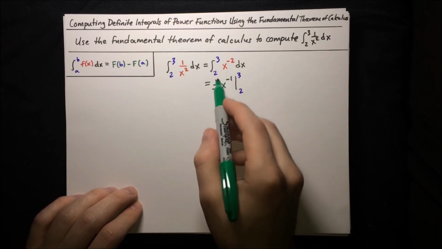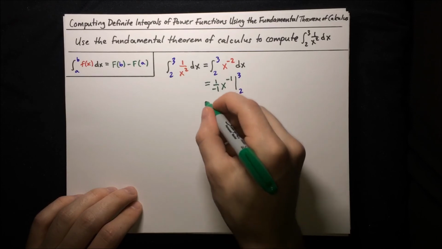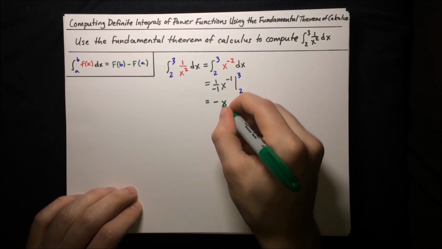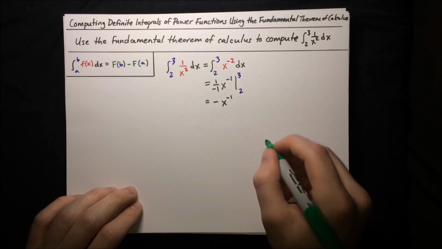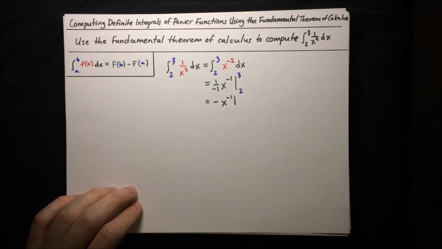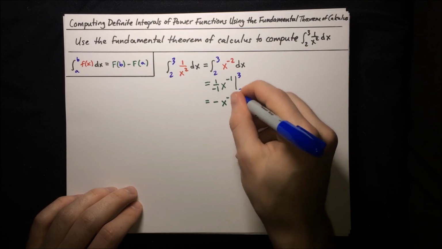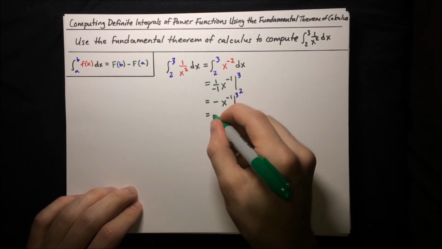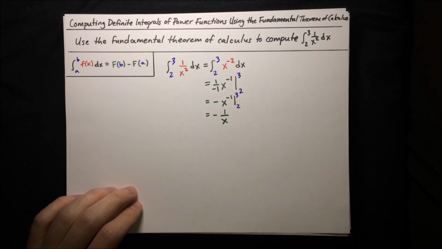Before we plug them in, why don't we just simplify this a bit? This reciprocal 1 over negative 1, that's just a negative. So negative x to the negative 1 evaluated at the bounds 2 and 3. Why don't we even write this, instead of x to the negative 1, as 1 over x? And that'll still be at the bounds 2 and 3.